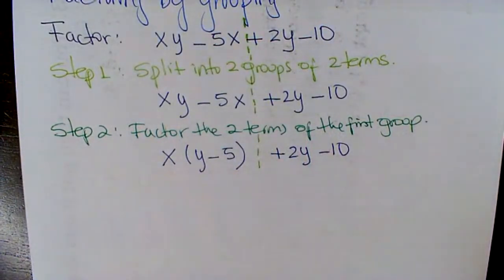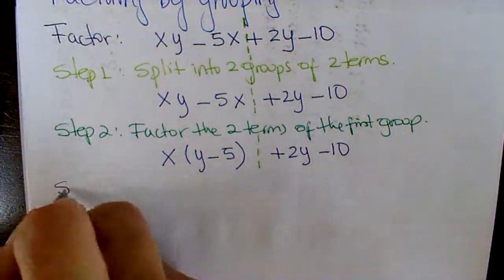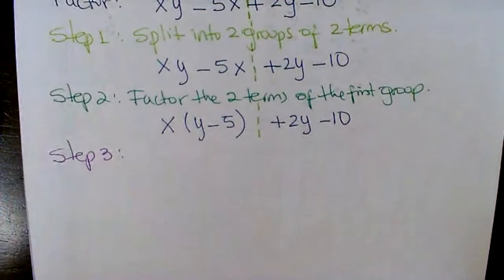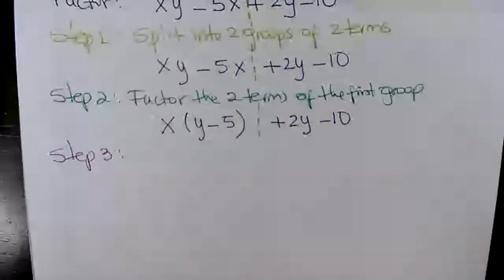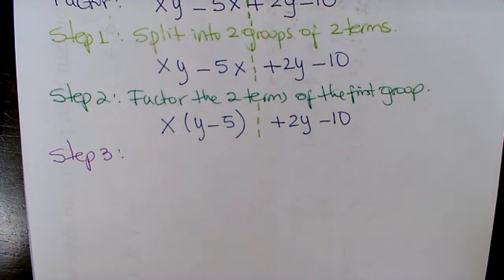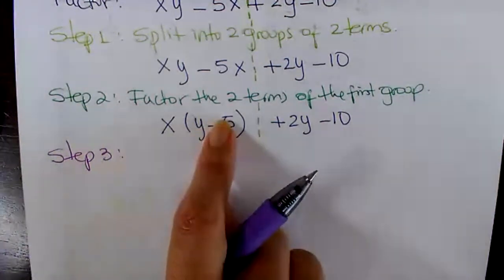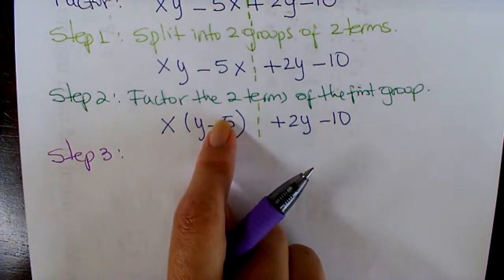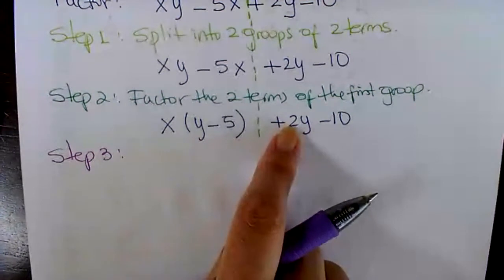Now, the step number 3, what do we do? We could have factored this one too.